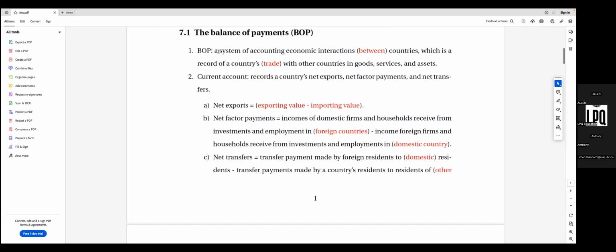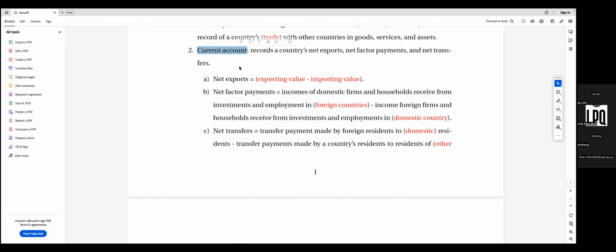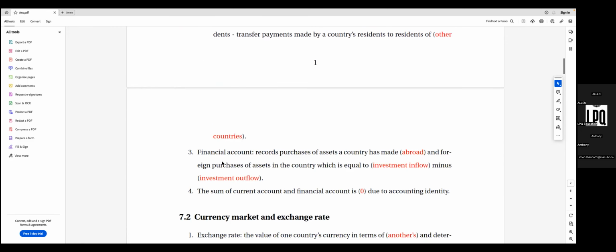In this accounting system, we record two different situations. The first one is called the current account, and the other is the financial account.